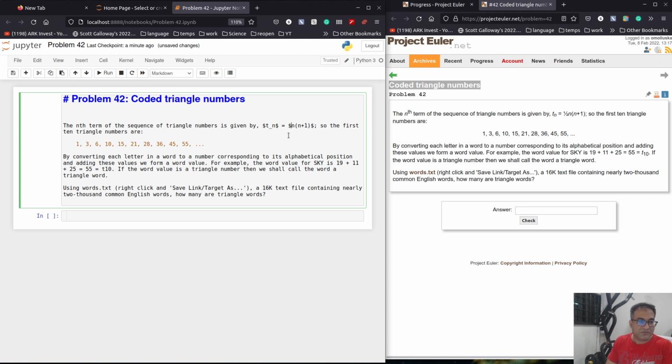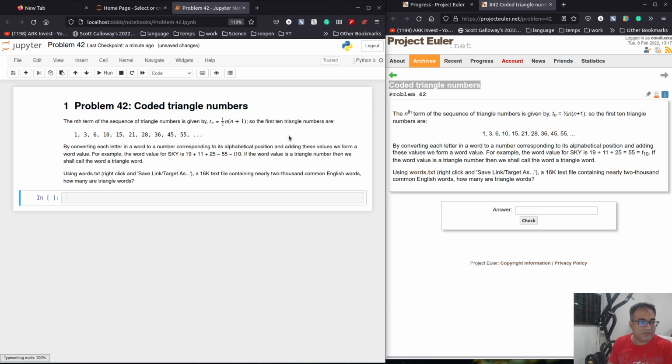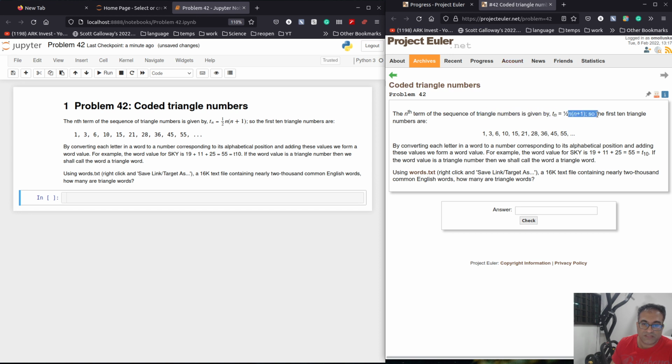The nth term in the sequence of triangle numbers is given by t_n equals that.